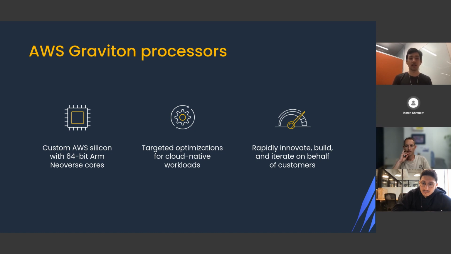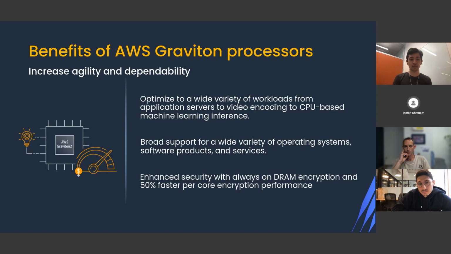We continue to innovate for our customers and focus on the performance and cost aspects that they need and are looking for on the cloud. There are some great benefits our customers have seen from moving towards Graviton. Customers have been able to better optimize their workloads and see performance benefits.